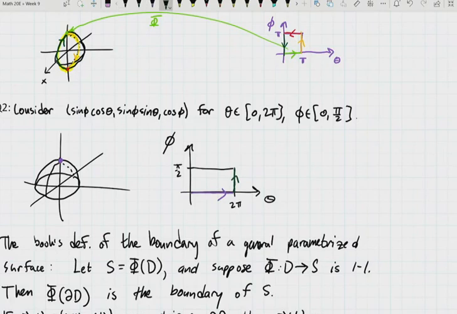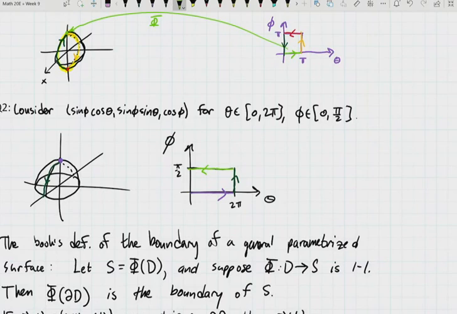When phi goes from 0 to 2 pi, and theta is 2 pi, that's going to go as such. When theta goes back to 0, oh, that's the interesting one.